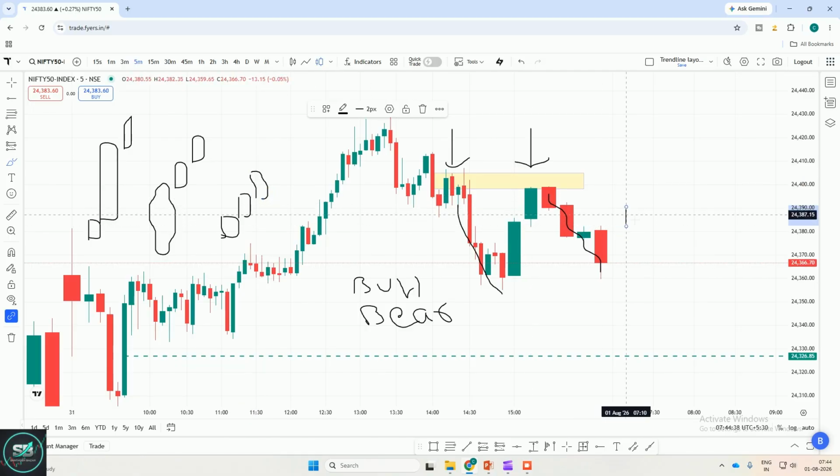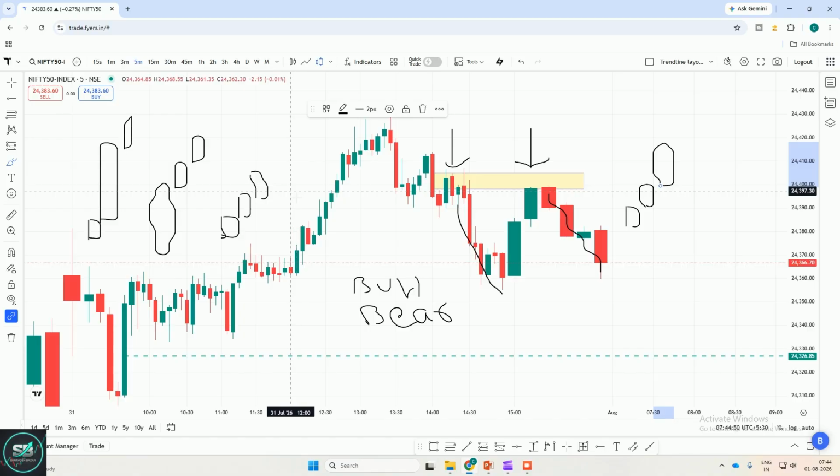Sometimes you will see the first candle is small, the second candle is small, and the third candle is big. You will see these 4 kinds of FVGs that price generally forms.